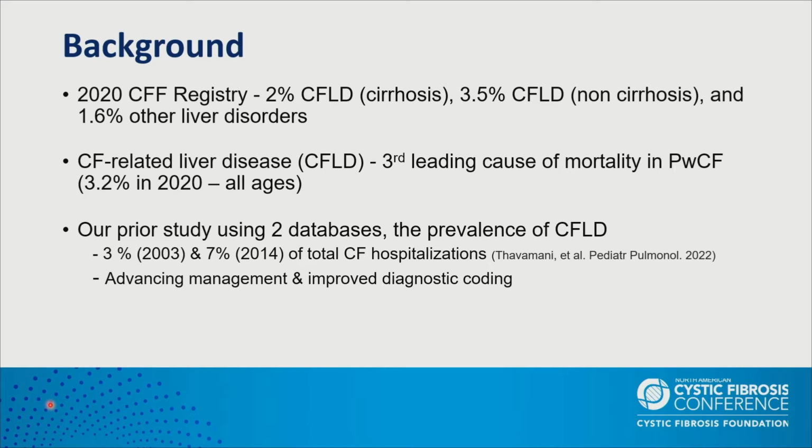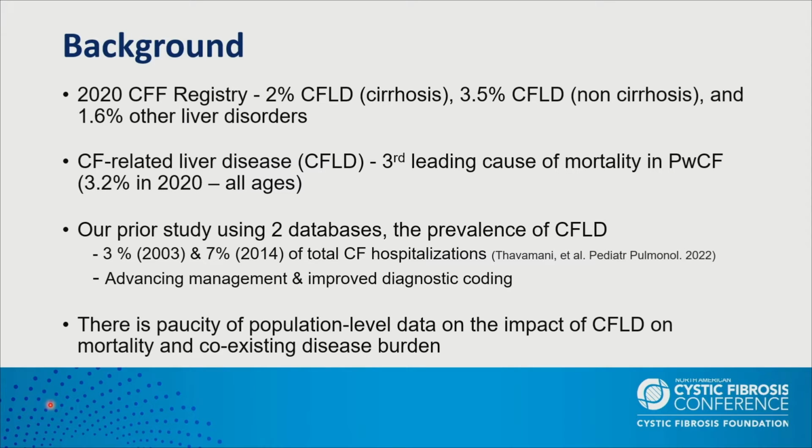The major take is, I think this increase is likely due to improved diagnostic coding by clinicians, which means increased awareness, and also to some extent patients living longer with CFLD. However, the huge limitation is that this database accounts for hospitalizations rather than actual number of patients. So we wanted to use population level data to see what is the impact of CF liver disease on mortality and other disease patterns in people with CF.